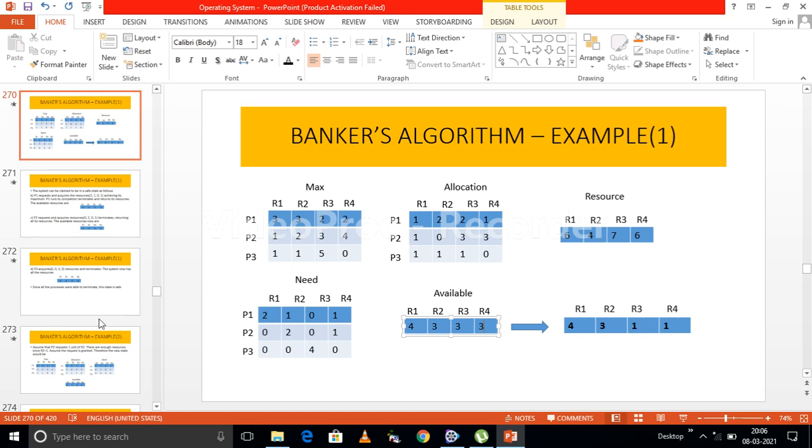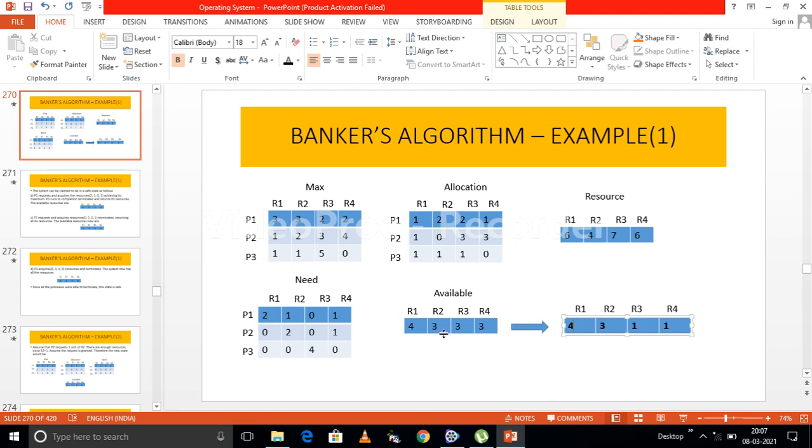So P2 is getting the resources it requested. After allocating the needed resources for P2, our availability vector is going to get reduced. P2 doesn't require R1, so 4 is intact. That means 4 instances of R1 are available. P2 requires 2 instances of R2.